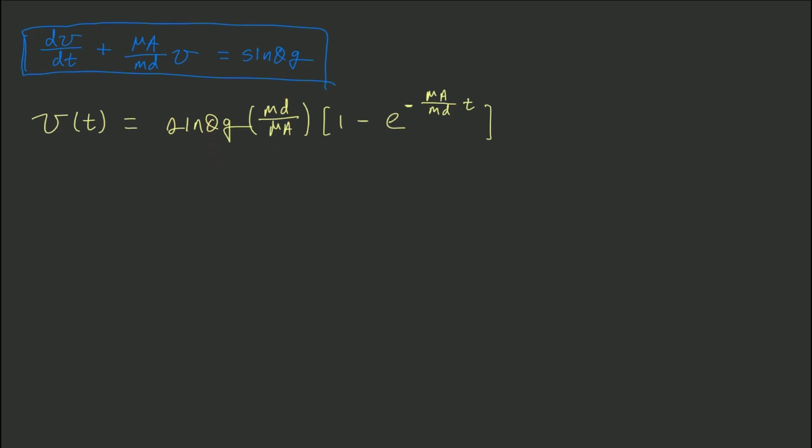So you can see that the steady state velocity is just this term right here. And we can examine that as the mass of our block increases, as the thickness of the oil slick increases, as the magnitude of gravitational acceleration increases, and as the sine of our angle increases, the steady state velocity of our block increases.